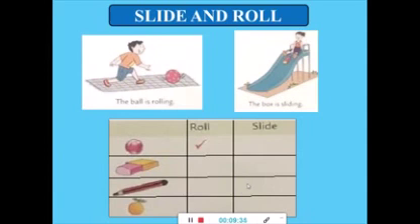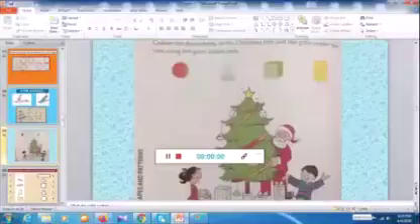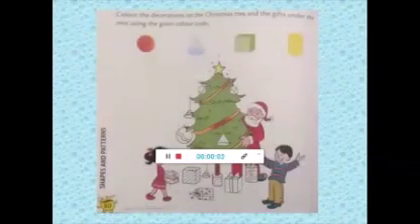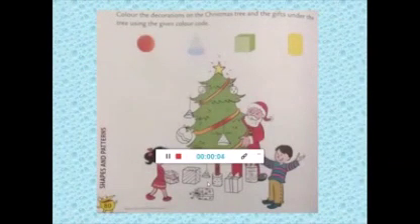Children, now this is an exercise where you have to tick the objects which roll, slide or both. Please complete this exercise and check your answers. Now children, can you see who's in the picture?